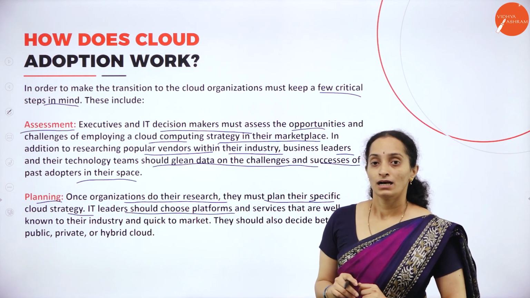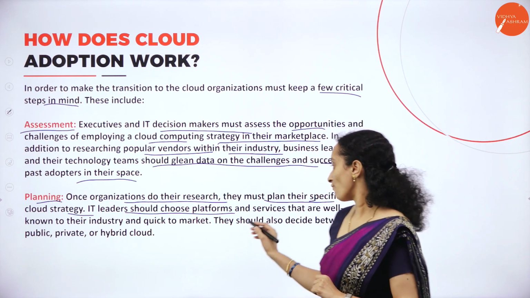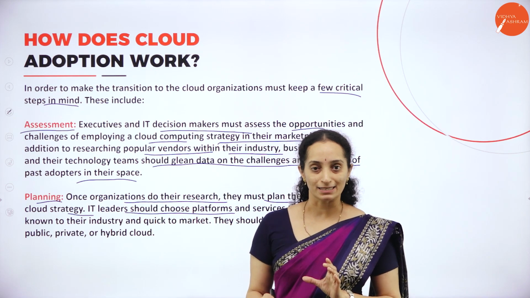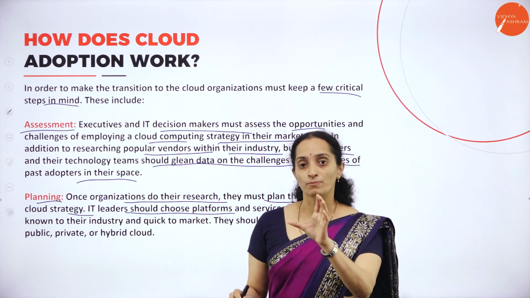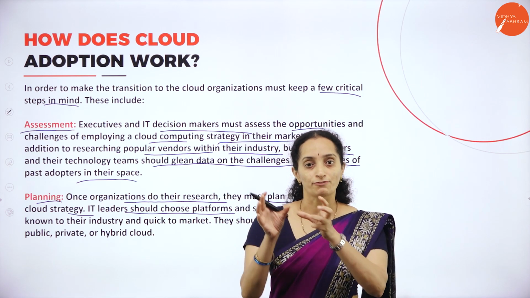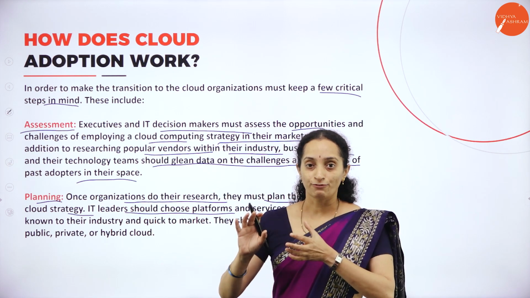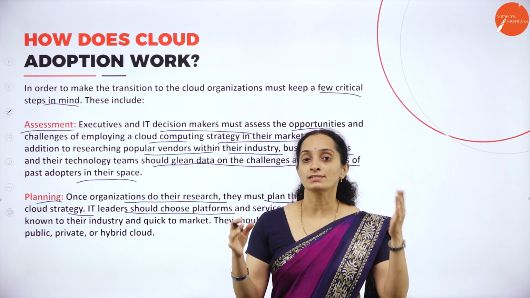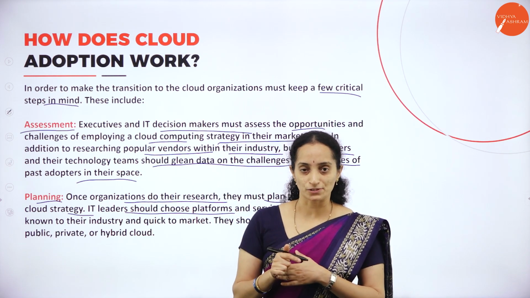Along with that, they must choose the platforms and services that are well known to their industry. Because application software are different for different vendors. Different vendors provide different kinds of software.